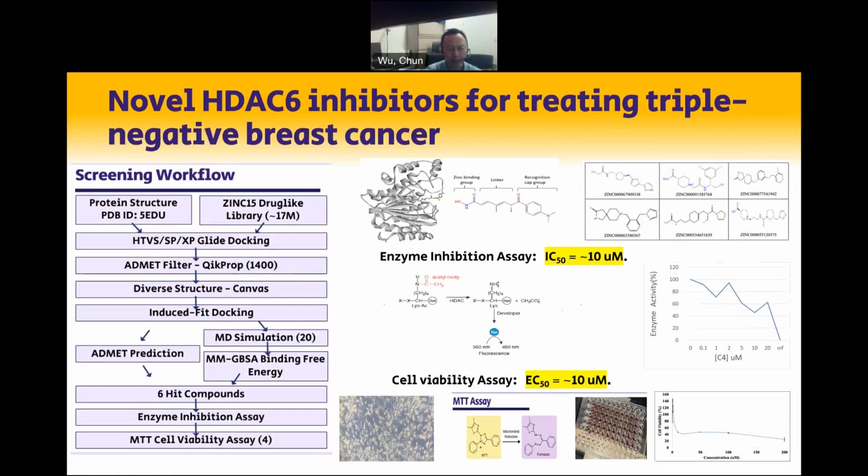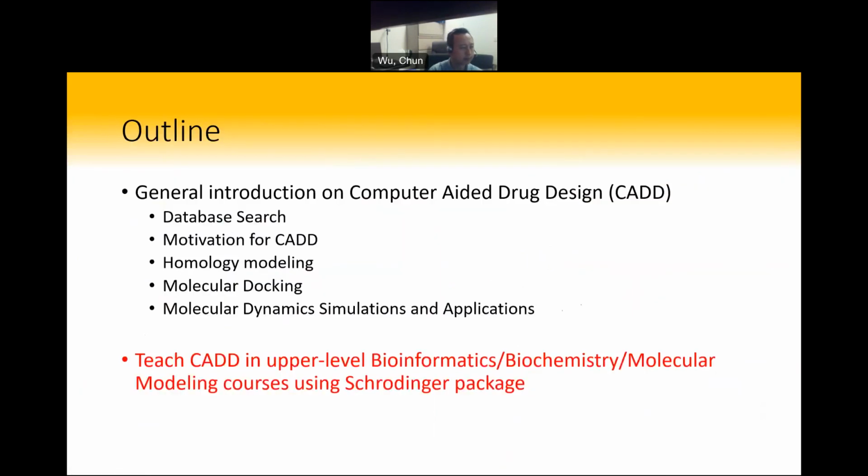Usually it takes screening 10,000 compounds to find one, but now we only used 6 compounds and found one. Then we did cell viability testing. It shows an EC50, the effective concentration for 50% killing of the tumor cells, of 10 micromolar. And this compound is ready for animal model testing.